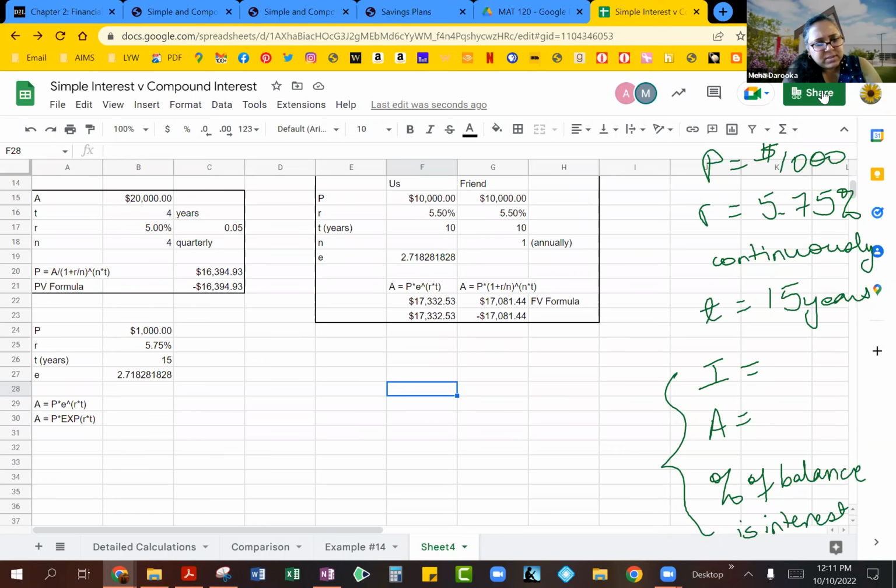So 1,000. Okay, there we go. So after 15 years, what will your $1,000 grow to at 5.75% compounded continuously?